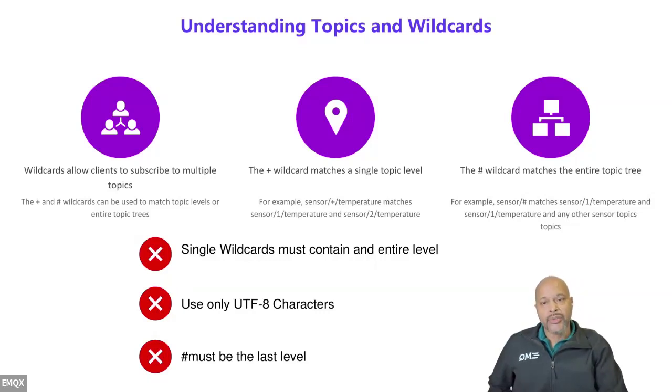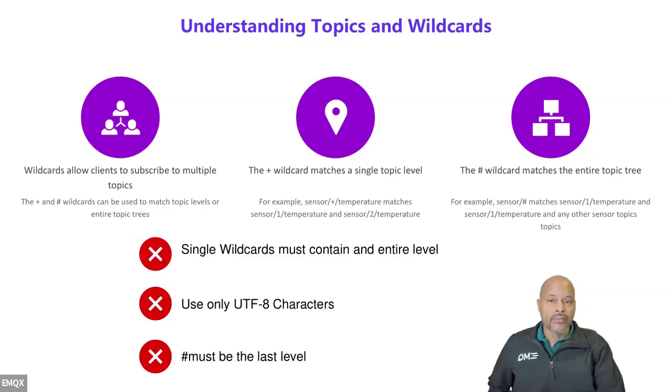So again, we want to be responsible with how we use single level, and also the pound sign or hash sign, which is used to map entire topic trees. And so that's the difference: the plus is single level, the pound is multi-level.